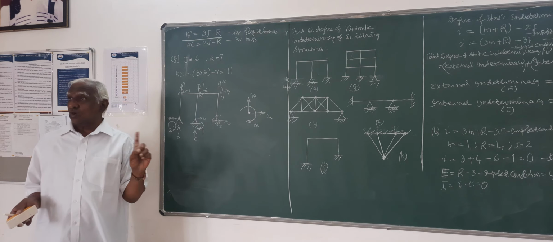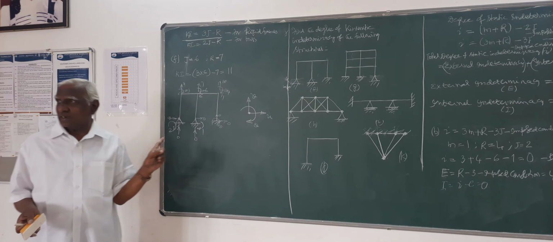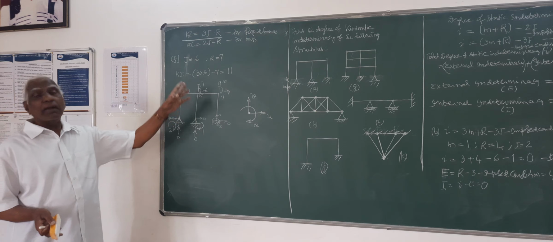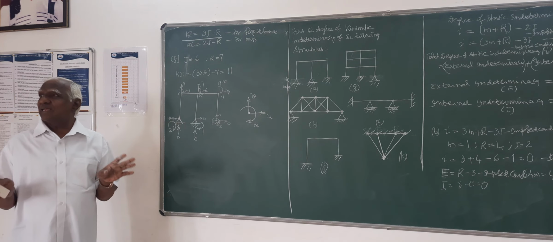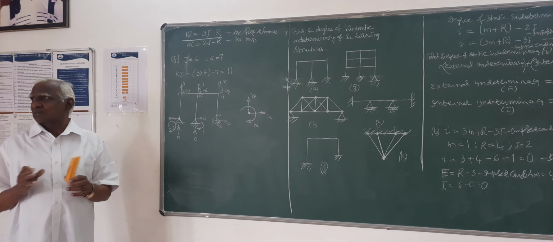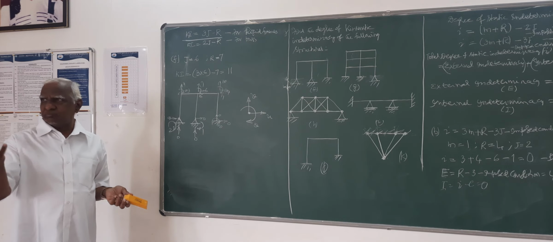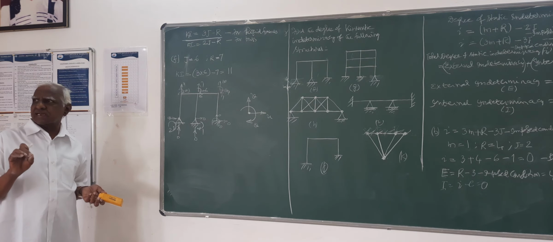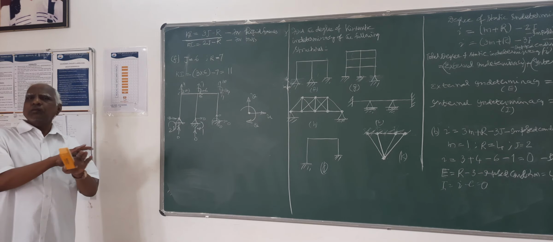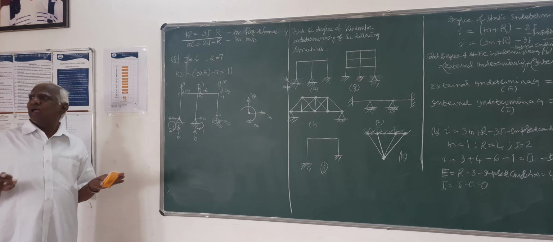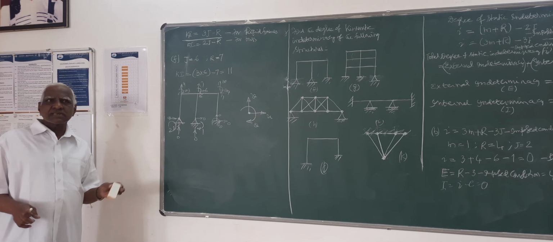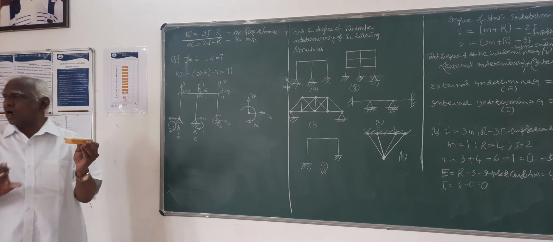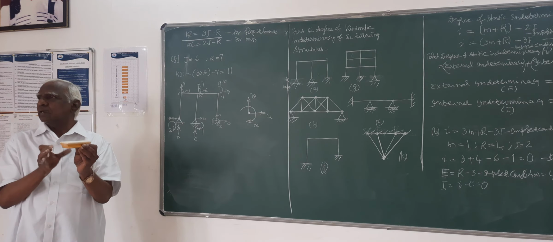Right? If there is one condition here, they may say members are axially rigid. In slope deflection at undergraduate level, one basic assumption is that all members are axially rigid. That means it cannot undergo deformation on its own.